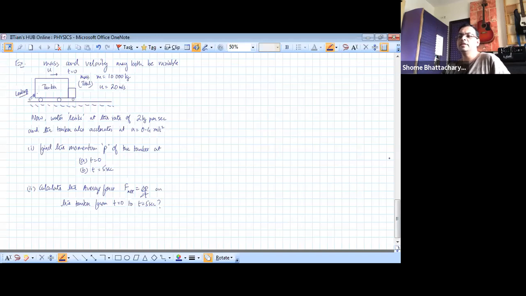Bhaumik, what are the momenta at t equal to 0 and t equal to 5 seconds? First, tell me how much the momenta are. Yes, Adinath, that is correct. So the momentum has changed, no? So the momentum should have increased actually.